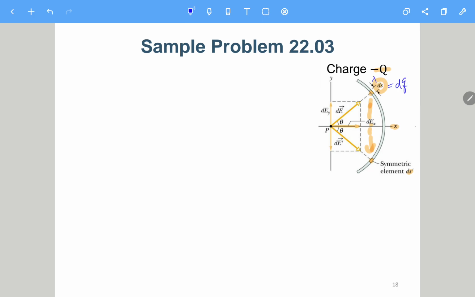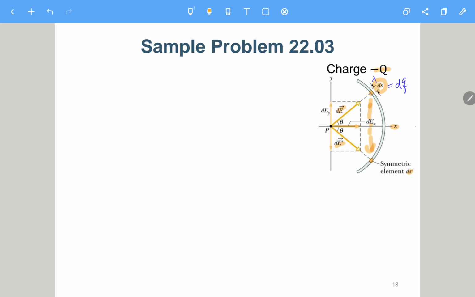So for this ds, dE will point toward dq, which means pointing to the top right side. And for the symmetrical part ds prime, dE prime will point to the bottom right side. As the charge is uniformly distributed, dE and dE prime should have the same magnitude.